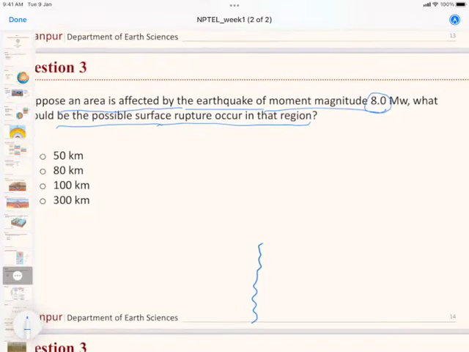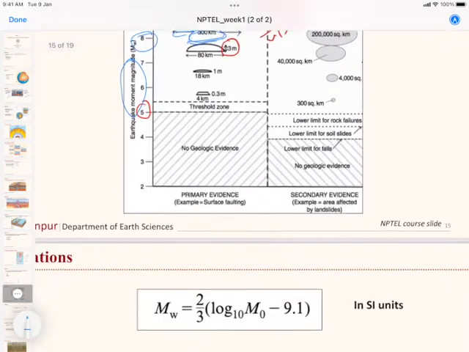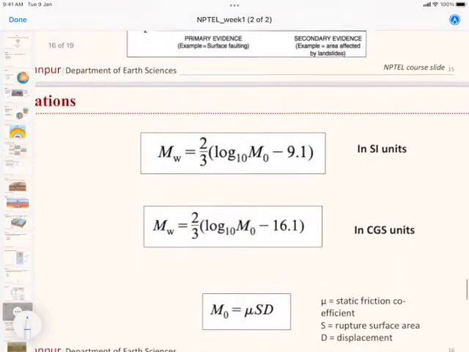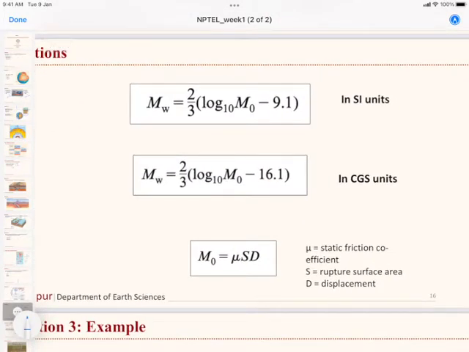To deal with this kind of question, first we need to understand a few empirical relations. So here this Mw is the moment magnitude, and the other quantity that this relation has is M naught. And what is M naught?